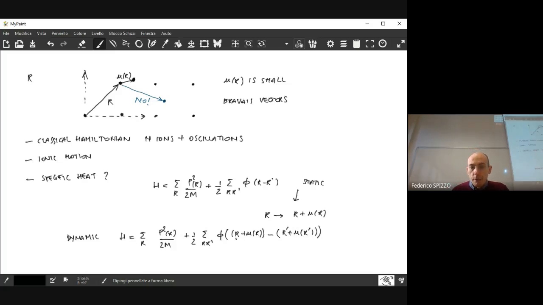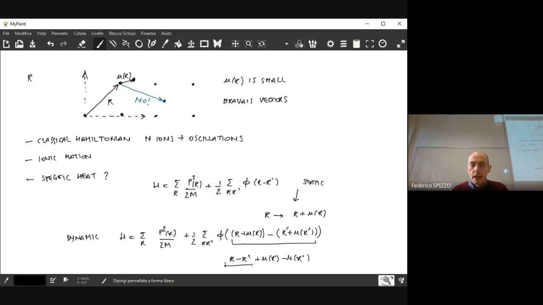Okay, if we just concentrate on what is found within the parentheses, this is r minus r prime plus u of r minus u of r prime.